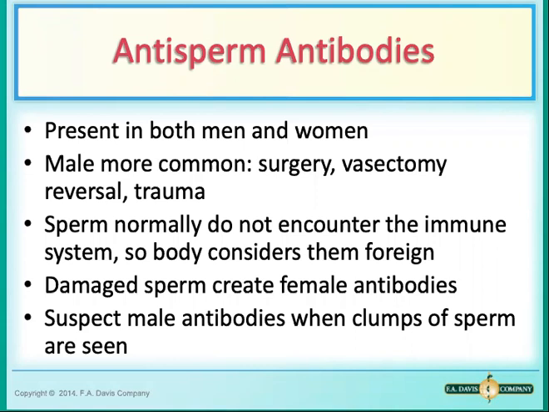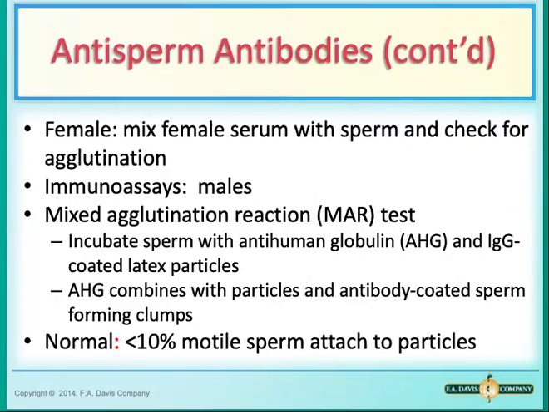Sperm typically don't encounter the immune system, so if present, the body will consider them foreign, and the body will automatically have an immune response to them and create antibodies. Typically, when you see clumps, you could suspect that some anti-sperm antibodies are present, so you'd have to evaluate that or take that for further testing.